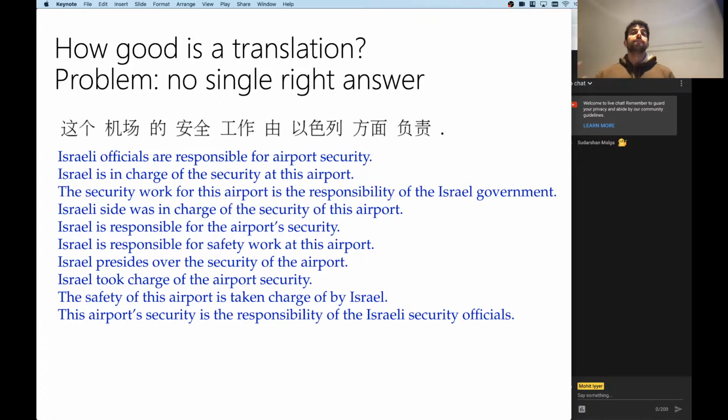They're conveying roughly the same meaning, but in different syntactic forms or using synonyms or rephrasings or whatever. So it's very difficult to say that, okay, this first one is the ground truth translation, and anything a system spits out will be compared to this one, right? So then it'll get penalized if it spits out any of these other equally valid translations.